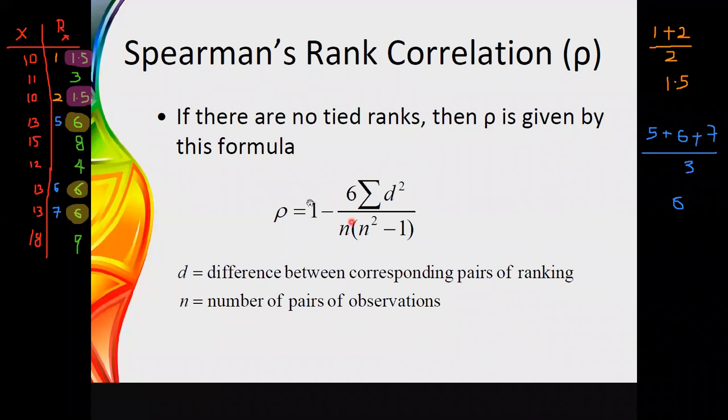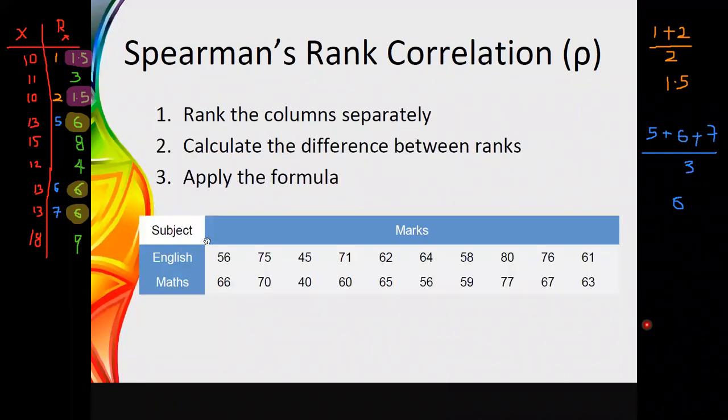Now, if you are going to perform the calculation using the Spearman's rank correlation, first of all, you need to rank the given data set. Here you can see that there are some marks allocated for English and mathematics, and you need to rank these two subjects separately.